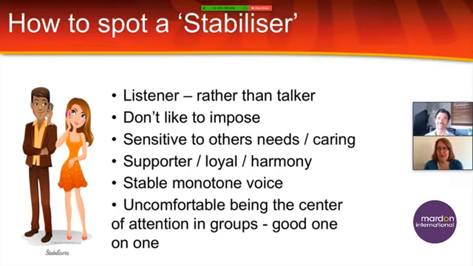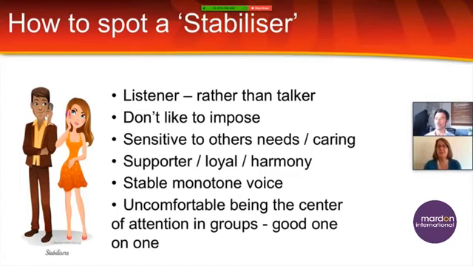Usually they have quite a stable and monotone aspect to their voice, so that it makes people feel comfortable. They're not up and all over the place like a motivator might be, wanting to inspire. They're wanting to do the opposite. They want people to feel really safe and secure and calm, because that's when they do their best work.